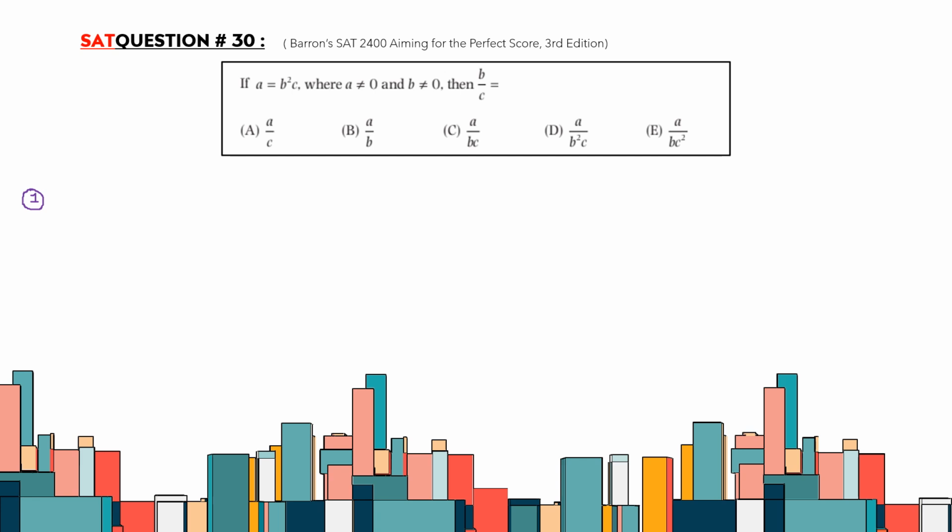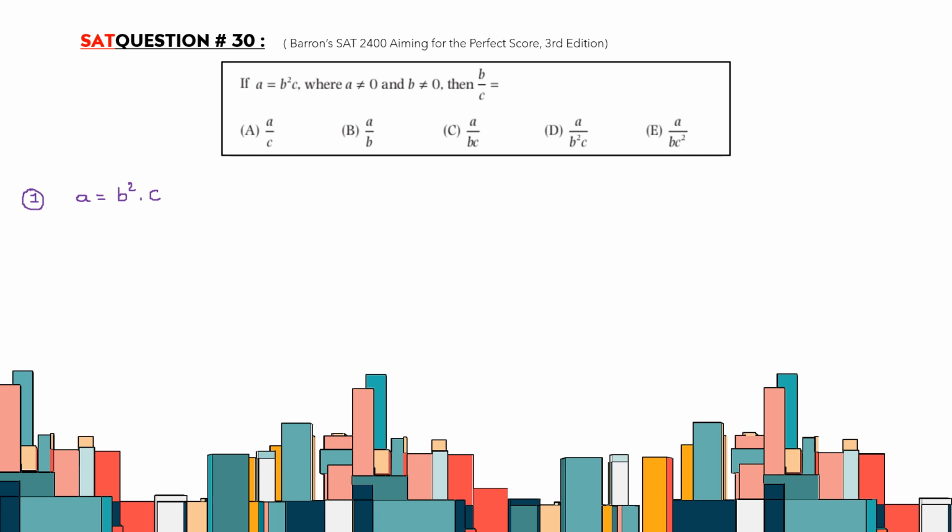But let's work on the variable first. So we have A equals B squared times C. Now we have to somehow make one side equal B over C.